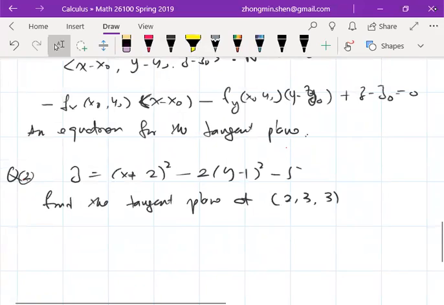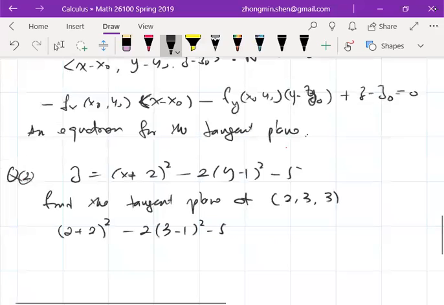This is a point on the graph. So when x equals 2 and y is 3, I want to make sure z is going to be 3. It's going to be 4 squared minus 2 times 2 squared minus 5, which is 16 minus 8 minus 5, and that's 3. Indeed, this is a point.